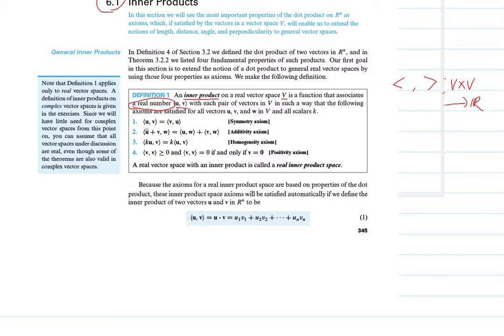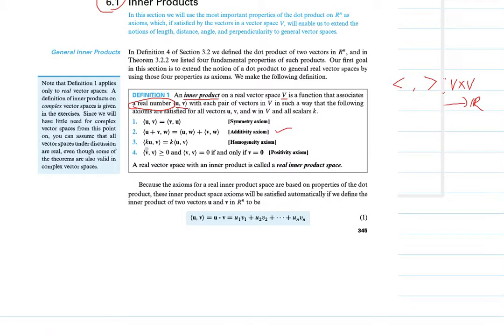First one, inner product of UV equal to inner product of VU. This is known as symmetric axiom. Second one, inner product of U plus V, W equal to inner product of UW plus inner product of VW. This is known as additivity axiom.